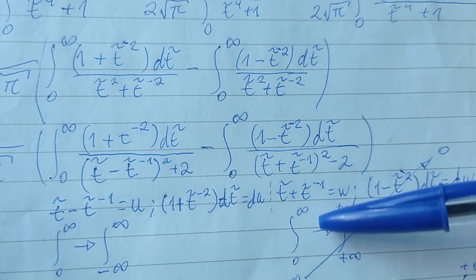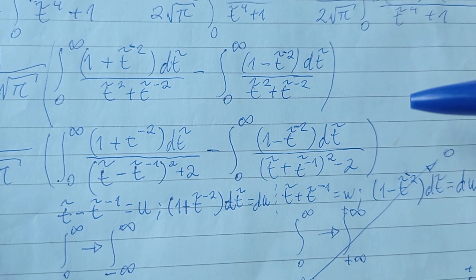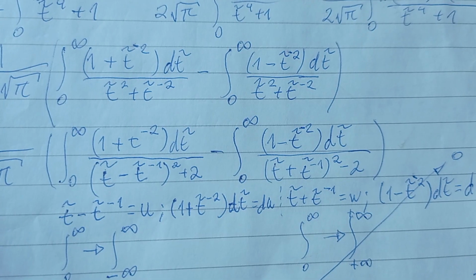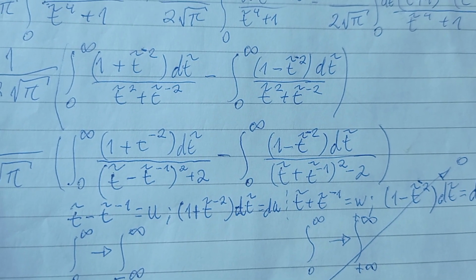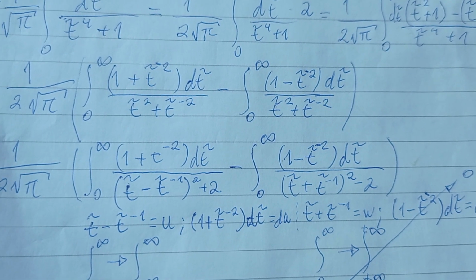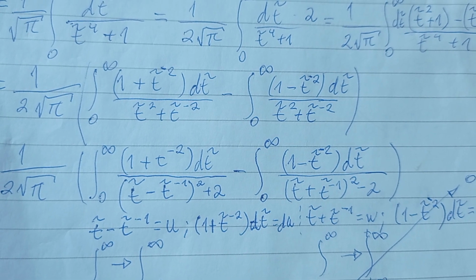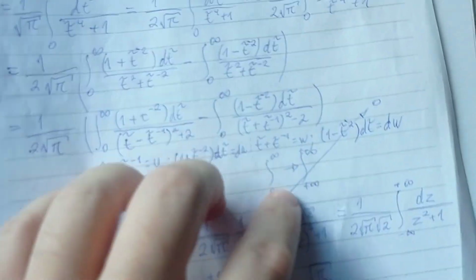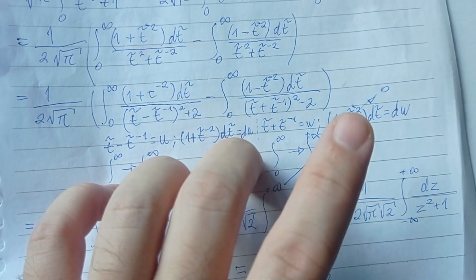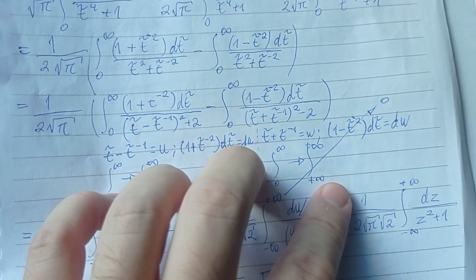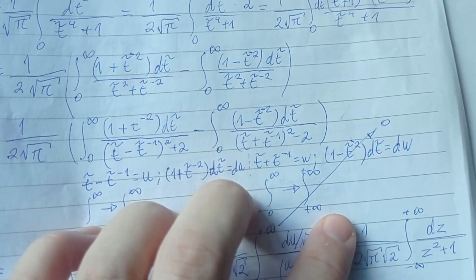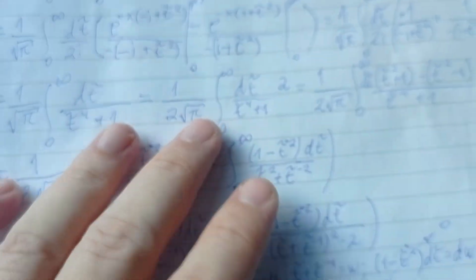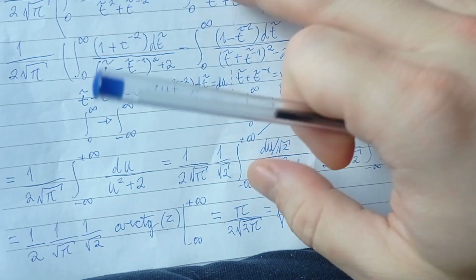You will know that one of the integrals is going to have the character of a logarithm of a quotient, an absolute value of a quotient of two polynomials, one divided by the other, which is going to result in nothing in the end for our purposes.